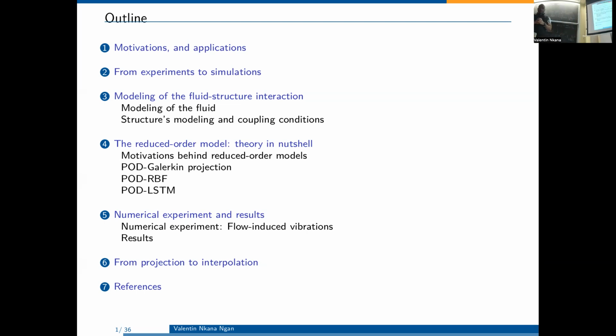Then I will talk about some experiments and results. To conclude, I will talk about how we have to move from projection to interpolation, because for now projection is still too expensive, even if at the end we still have the result that we need. Then we have some references.